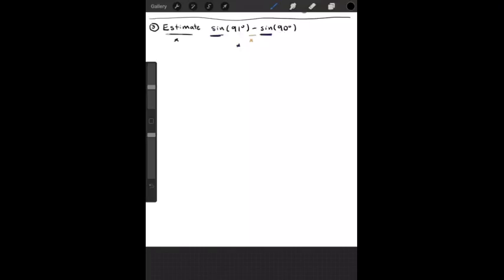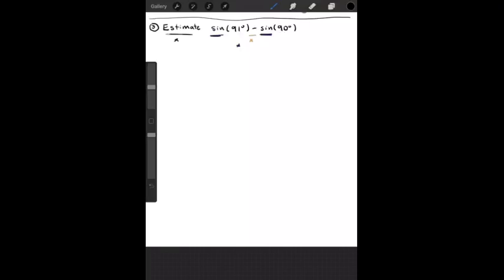we're going to, first, it's an estimation problem. Second, it's a subtraction. And third, we're subtracting something that looks like it might be the same function with two different things plugged in.